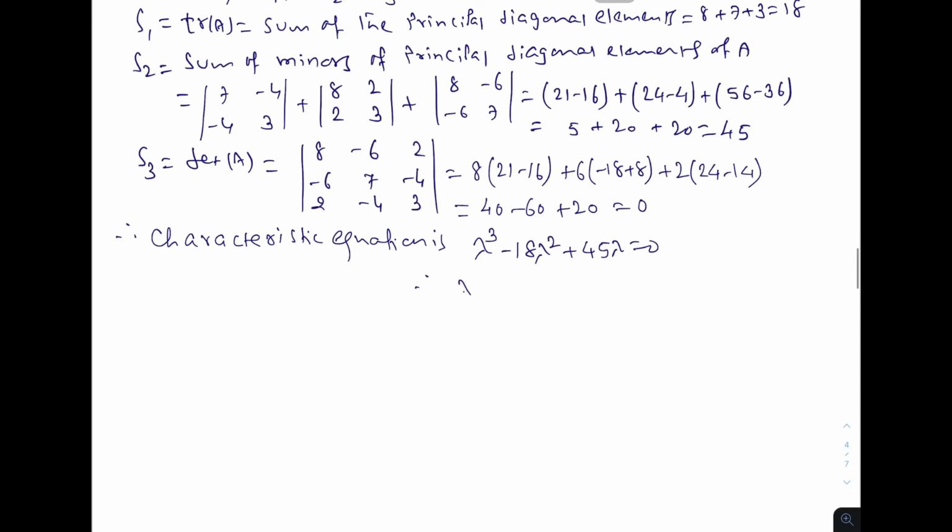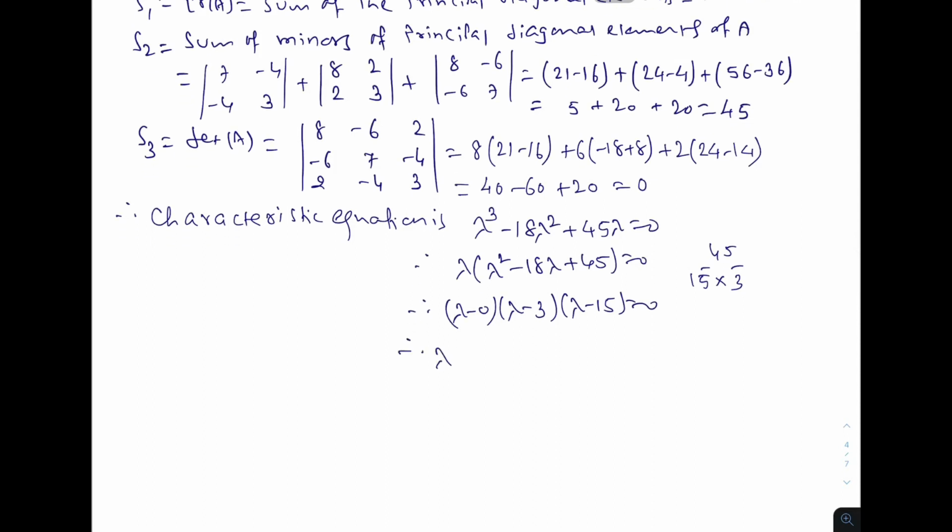Therefore you can take lambda outside. Inside we have lambda square minus 18 lambda plus 45, and 45 you can write as 15 3s are 45, so minus 15 minus 3, so that is nothing but lambda minus 3 lambda minus 15 equal to 0, and therefore lambda equals 0, 3, 15.